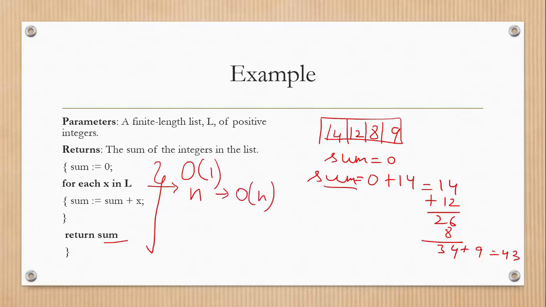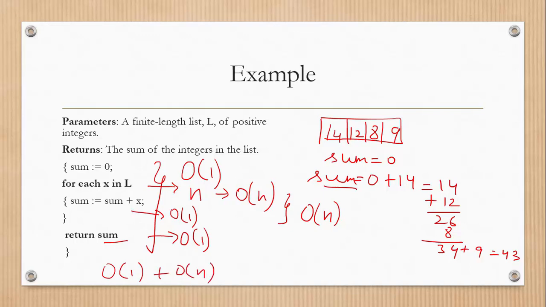Next, again in the loop we have a statement which is a constant time operation. So the complete complexity of this for loop will be order of n into 1, which is equal to order of n. The last statement is again of constant time complexity, so its complexity is order of 1. So the total complexity of the algorithm is big O of 1 plus big O of n plus big O of 1, which is equal to big O of n.